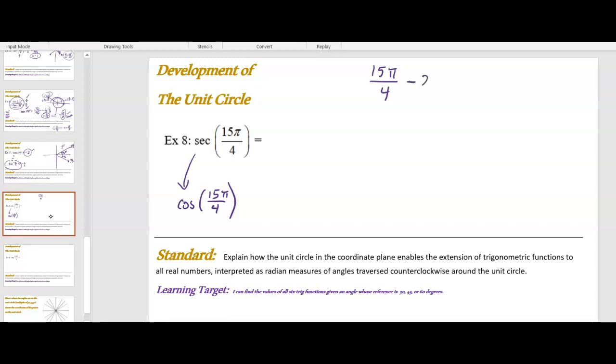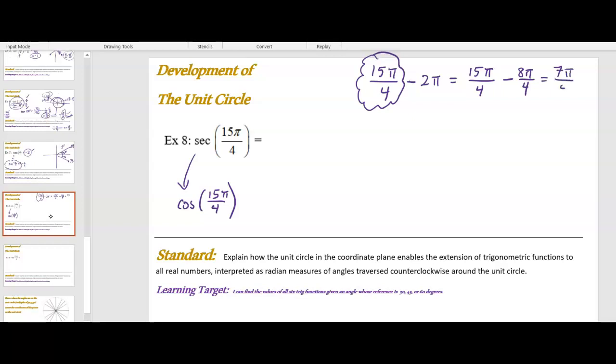So I'm going to subtract 2 pi. Now remember, you might want to convert to degrees, but I'm going to leave it as this. 2 pi is 8 pi over 4. Okay? So I took 15 pi, which was way too large. It's one rotation and then some. So 15 pi over 4 minus 2 pi.